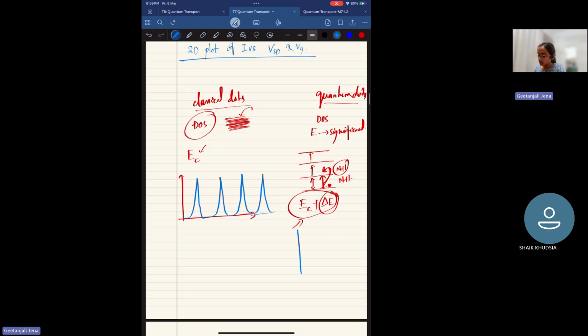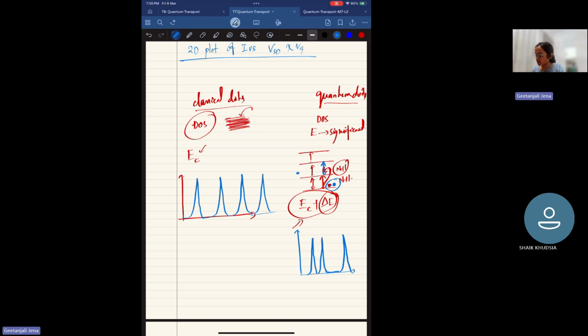But for the quantum dot, because of this delta E, if we are adding energy to the same energy level, they are closely spaced. But in the next case, this level is already filled, and now we are adding energy to the next higher energy level. So for that, the spacing will now increase.